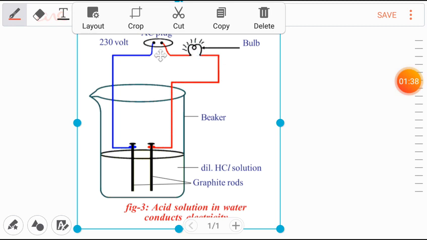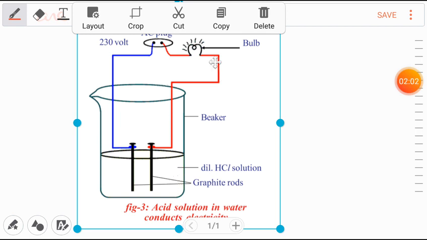One bulb and one plug is there, and we are supplying household current into the solutions. Here you take different solutions, for example alcohol, sugar solution, glucose solution, and HCl, hydrochloric acid, H2SO4 also you can take.